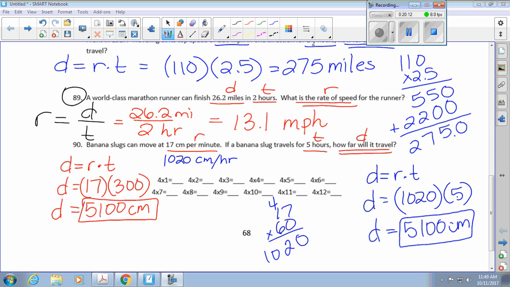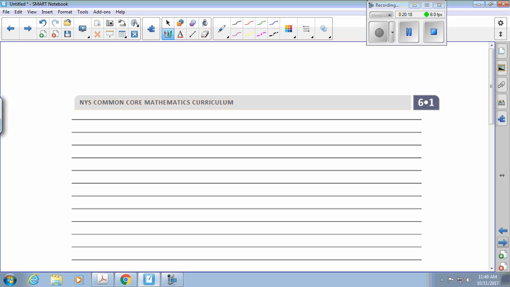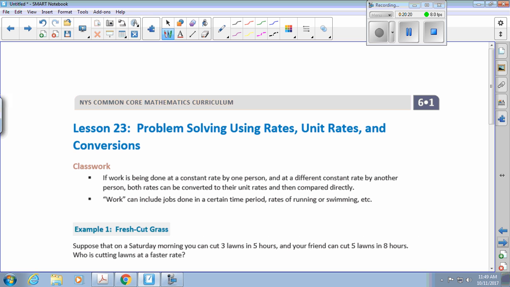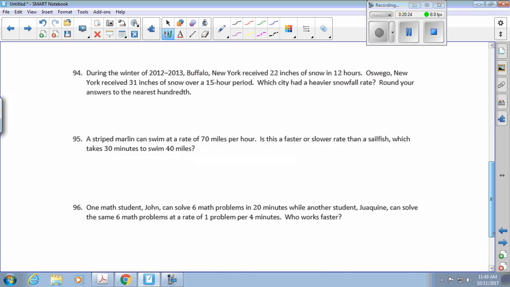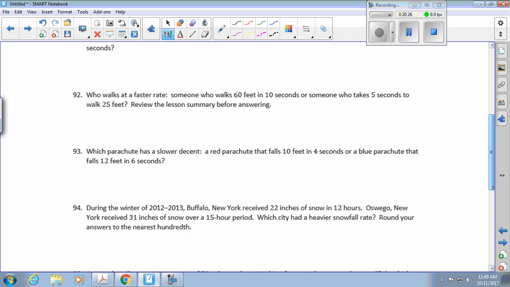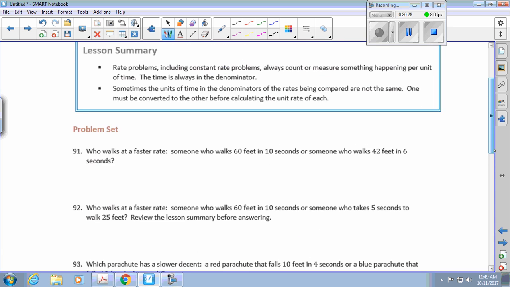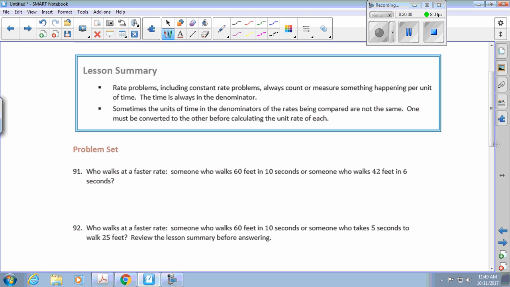Okay? We are going to go to our homework because this is kind of more of the same. We're going to go to lesson 23's homework on page 72. I'm going to give you a little hint here. These questions ask you to find the rate.